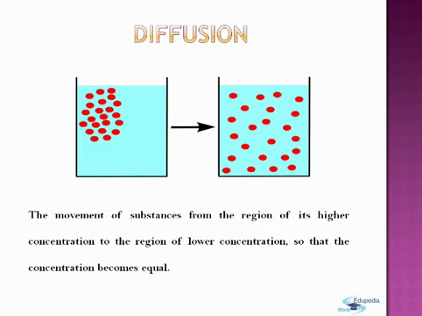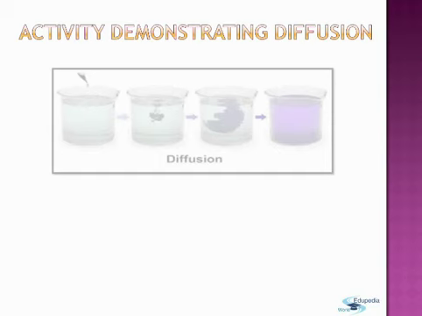That is the diffusion of gases present in the room. Similarly, if I light an agarbatti, an incense stick, in one room and I can smell the fragrance in the next room also, this is also a best example of diffusion.